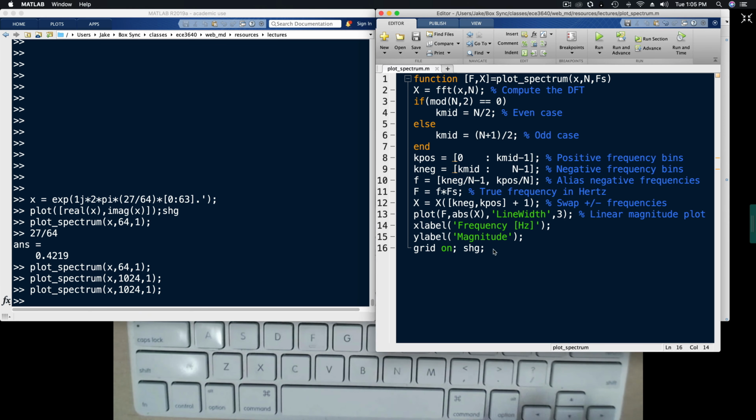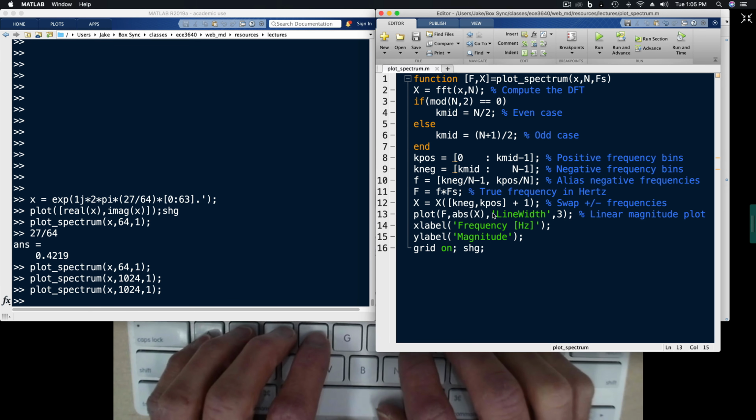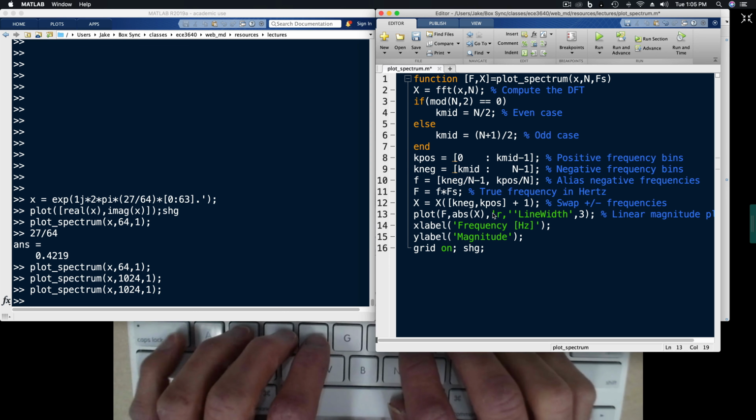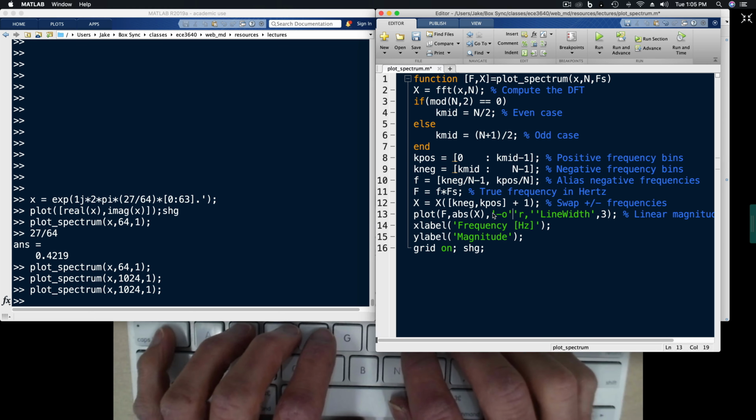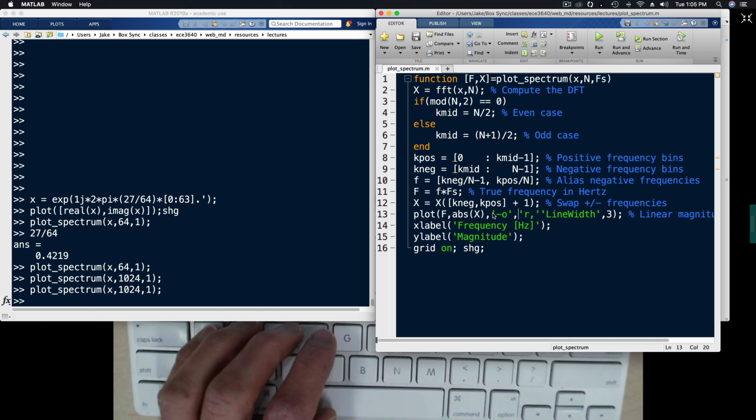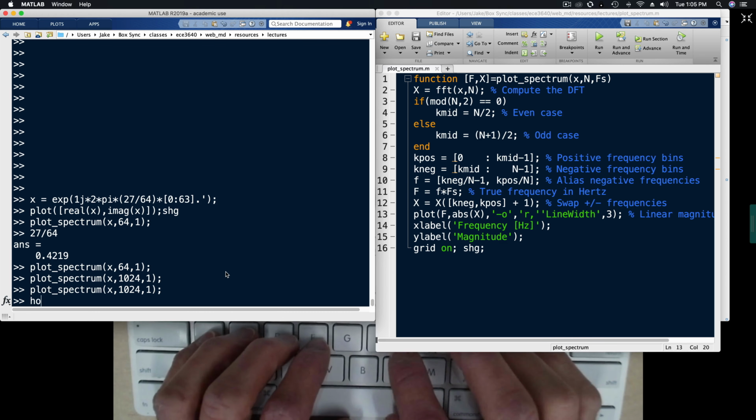If I go back in now, let's try this. Let's change the line to a red line type, and I'll do that, and I'm going to say hold on.